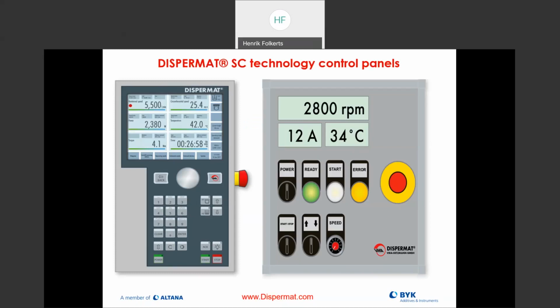Important in QC, we want to have as much data as possible. So we have different types of control panels. On the left, this is our new control panel. It's called the C technology panel, and there you can see on top left the RPMs. Below we have the amount of energy we're putting in, so we can run the dissolvers either by a certain amount of speed or by the amount of energy we're putting in. Then on the bottom left we see our torque reading.